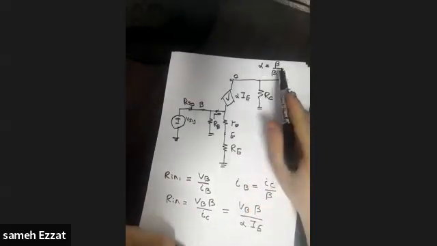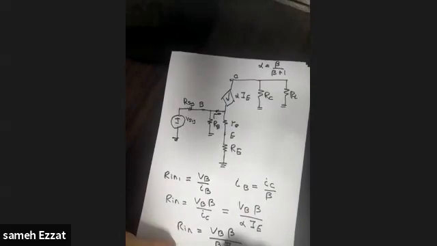And then, what about alpha? Alpha equals beta over beta plus 1. So Rin equals VP times beta over beta times IE over beta plus 1. Okay, then here beta can cancel with beta, and then we have VP over IE times beta plus 1.